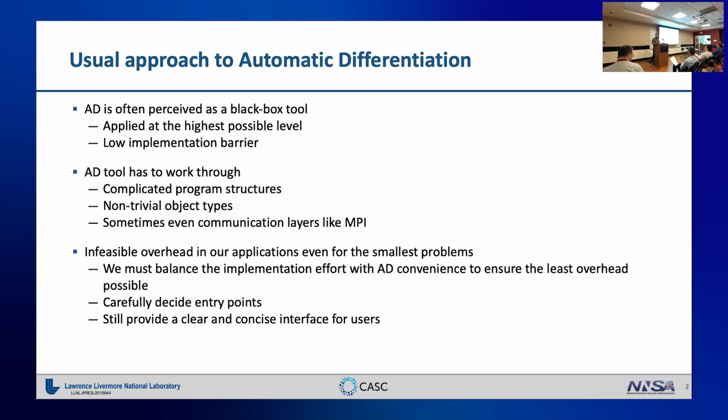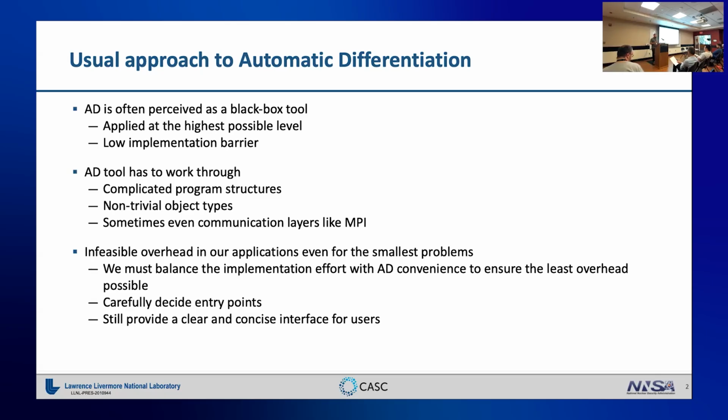So we must balance the implementation effort with automatic differentiation convenience to ensure the least overhead possible, and carefully decide on the entry points where automatic differentiation has to happen or actually can happen.